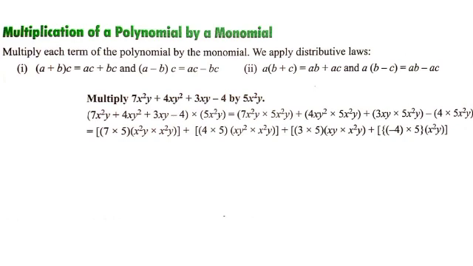Now multiply each term in the same way as we did in the previous sum, as 35x⁴y² + 20x³y³ + 15x³y² - 20x²y.